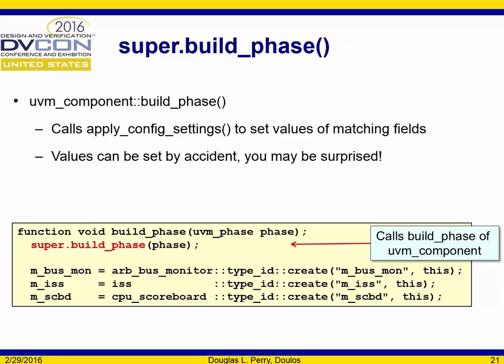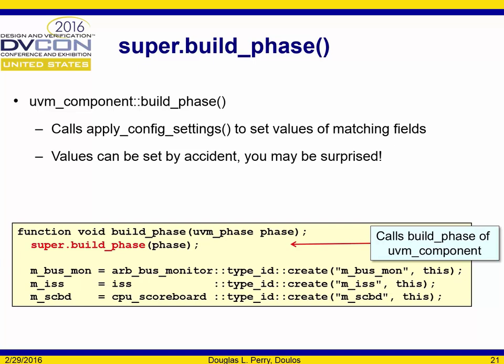Another confusion, I've actually had this bite me once, is the fact that in the past, super.build_phase was used in a lot of examples and things I played with. And what you don't realize initially when you first get started is that it actually calls a function called apply_config_settings, which effectively takes any config DB items that are meant for this particular component and applies them to the component.